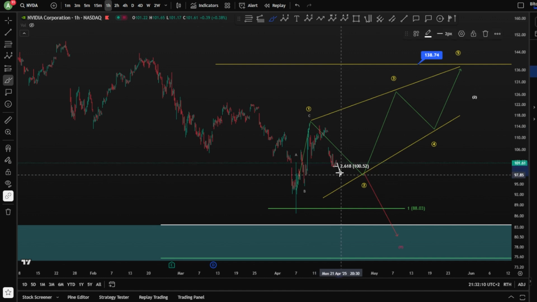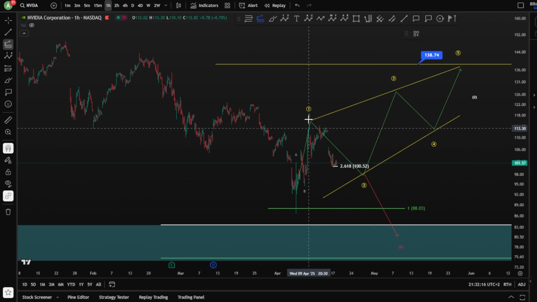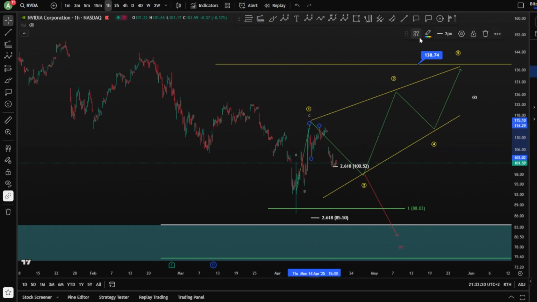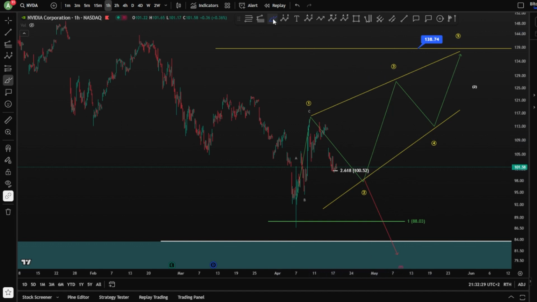But currently, based on this correction, you're looking for one more leg. If we also take the 1-to-1 fib level, since it is a full correction here, and take a wave C in a regular flat, you can see that you already surpassed the 1-to-1 fib level. So we have to be careful with how we deal with this one.